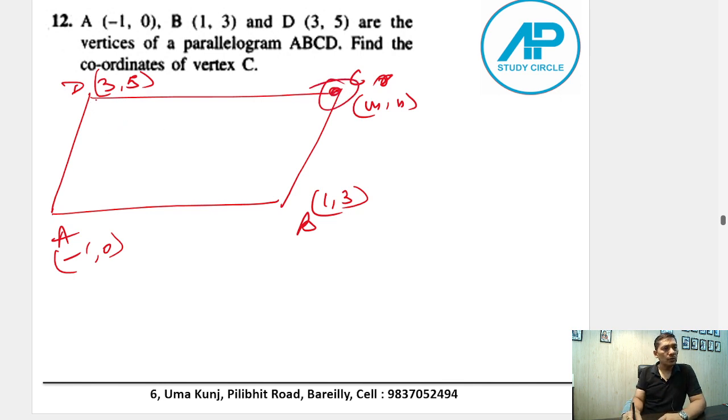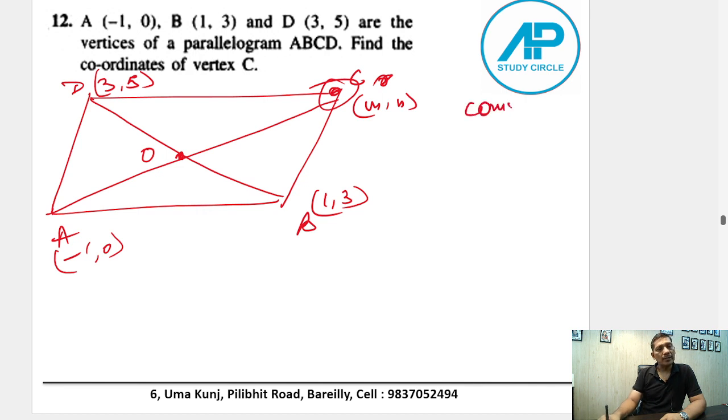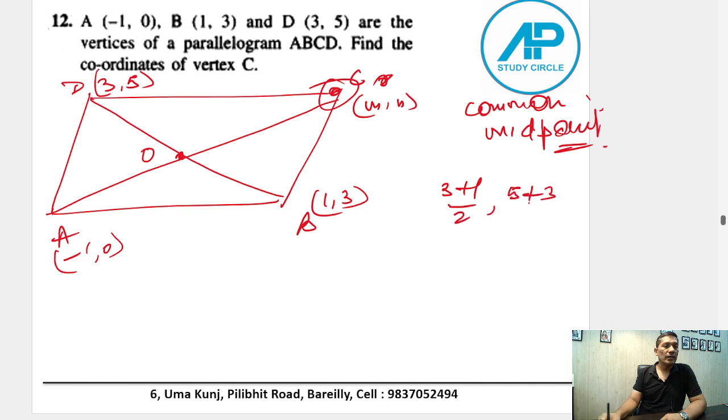So what I can do is join a diagonal and find its midpoint, and also join the other diagonal, and their midpoints will be common. Common midpoint is the basic keyword. We know the endpoints of BD first of all, the points B and D. (3 plus 1)/2, (5 plus 3)/2, which gives 2 comma 4.